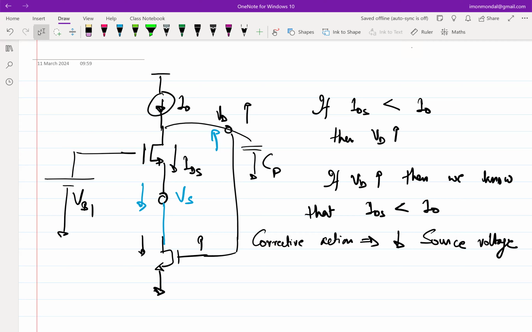So this should remind you of something that you have done in one of the problem sets, right? So now let's forget about the CP for the time being because we are doing quiescent.